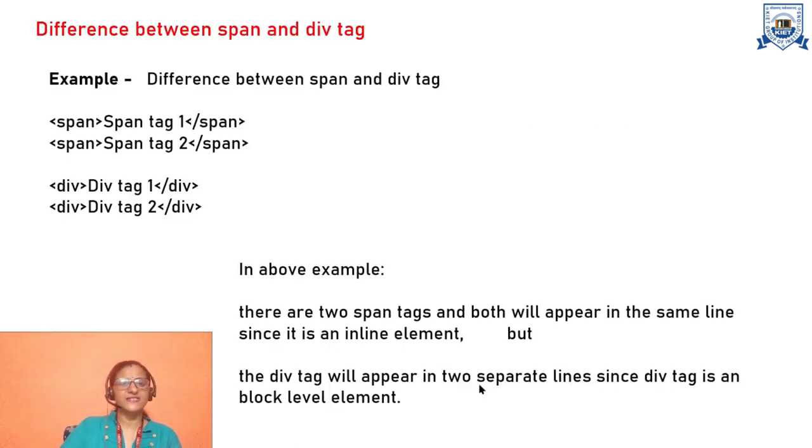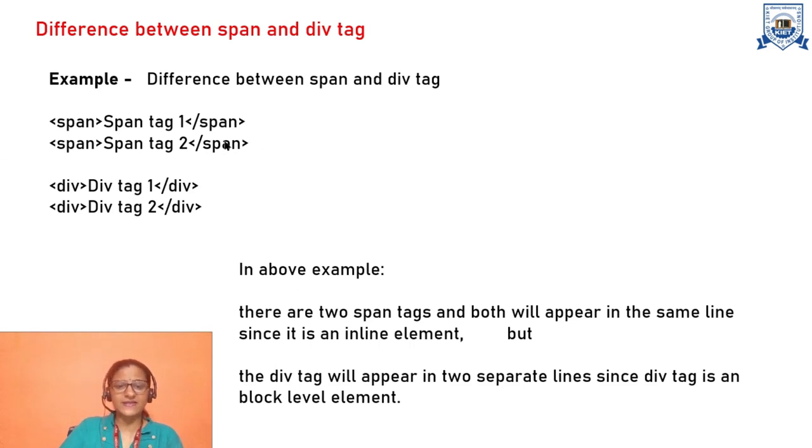The difference between span and div tag, as we have already discussed: span is for a small piece of code, and div covers a larger piece of code. So here in this example, what we have done, there are two span tags and both will appear in the same line. Why will they appear in the same line?